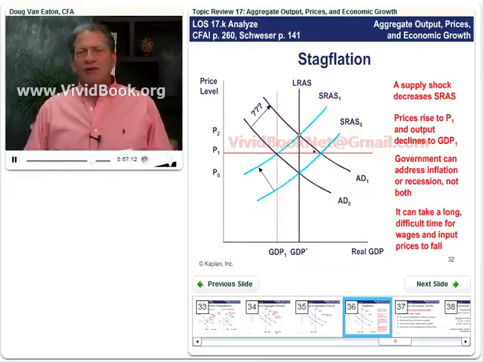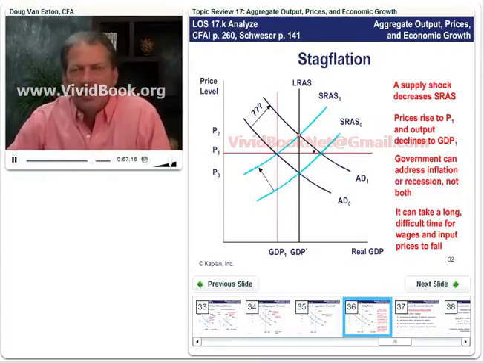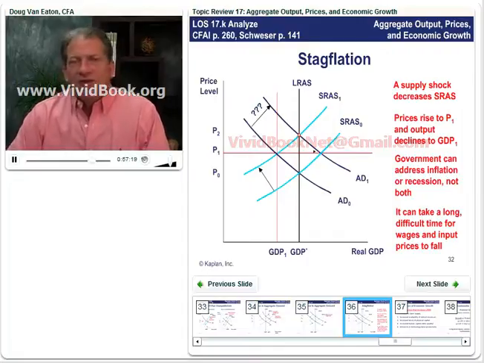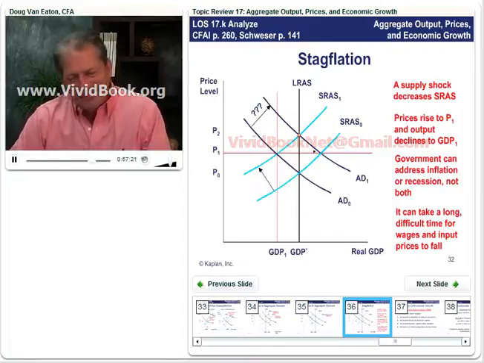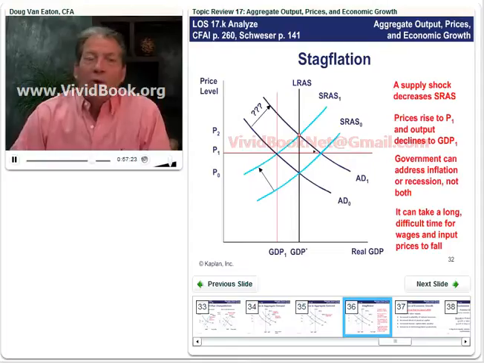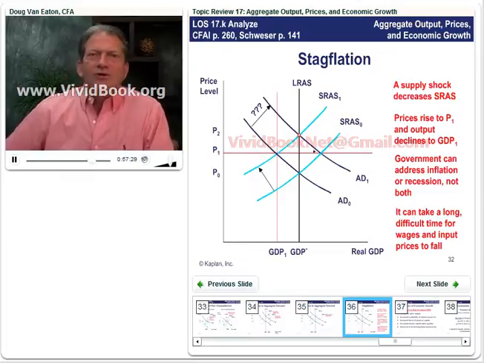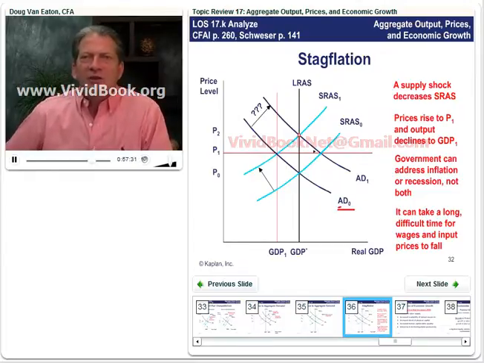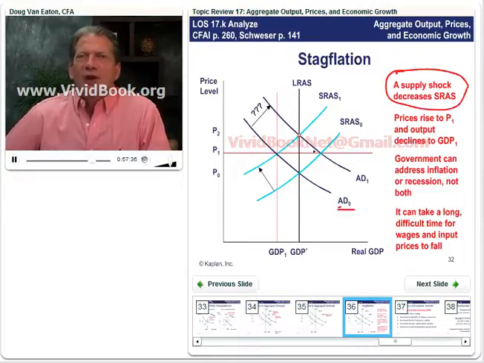And stagflation, well, stagflation is just two words put together, right? Stagnation and inflation. Stagflation says the economy, growth-wise, is doing poorly, but we still have inflation. It's just like we saw in that last slide, but now a supply shock.